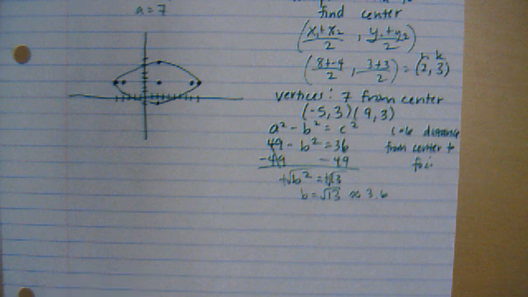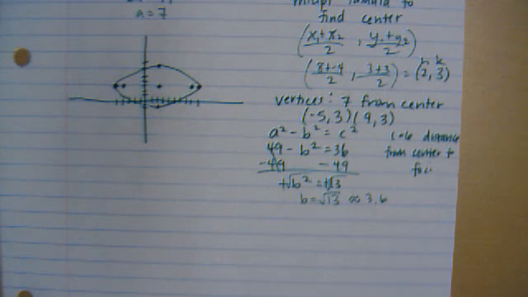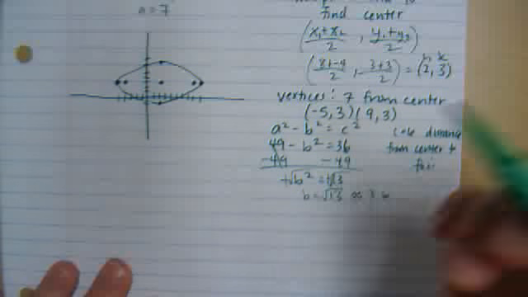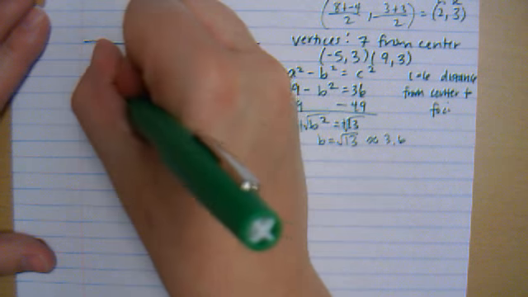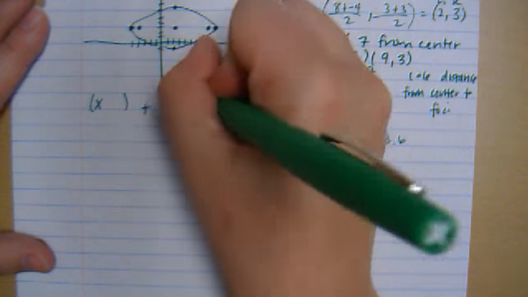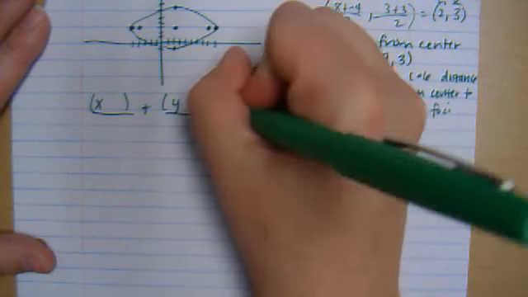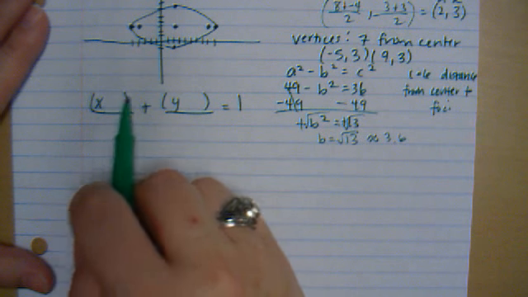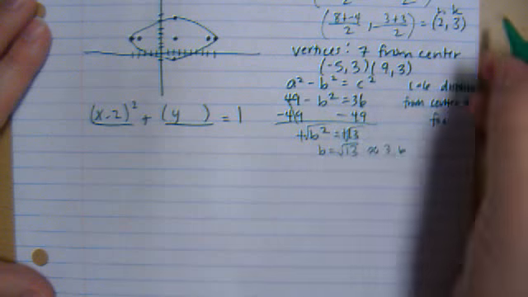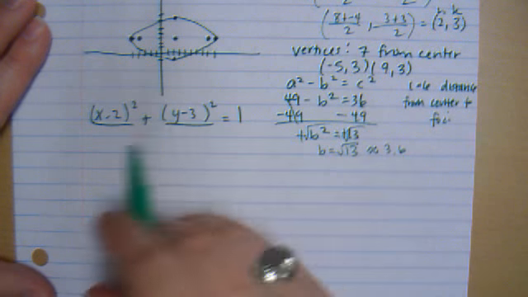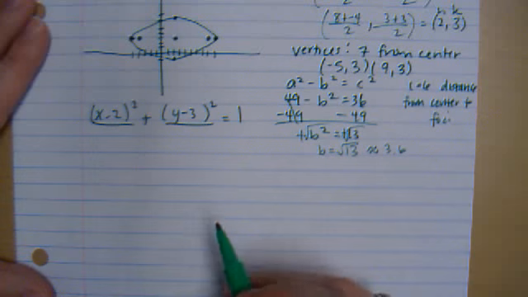Now I need to write the equation because that's what it asks, to determine the equation. So I have x plus y, and then it always equals 1. Well, I do x minus h, so my h is 2, squared. y minus k, my k is 3, squared. So (h, k) is your center.